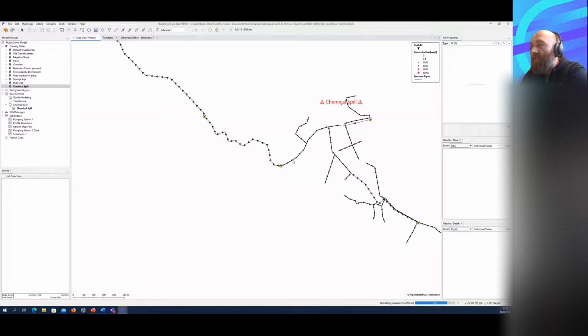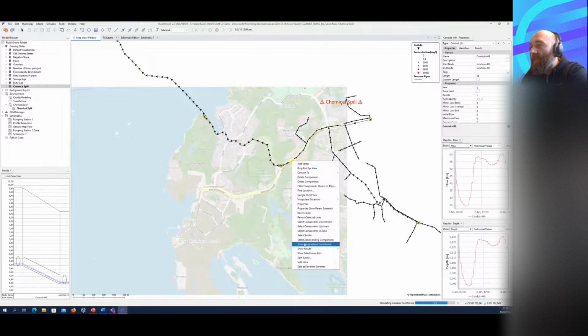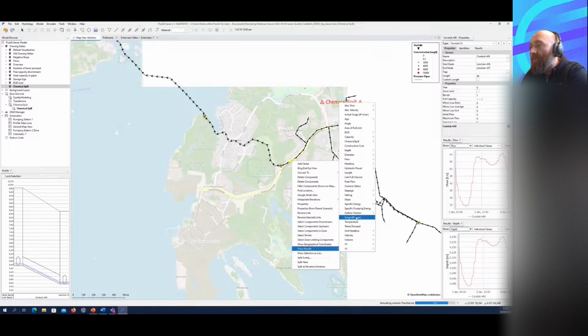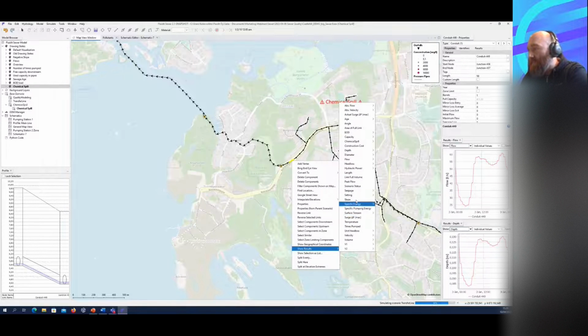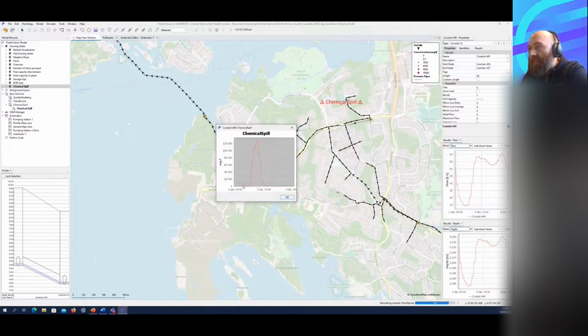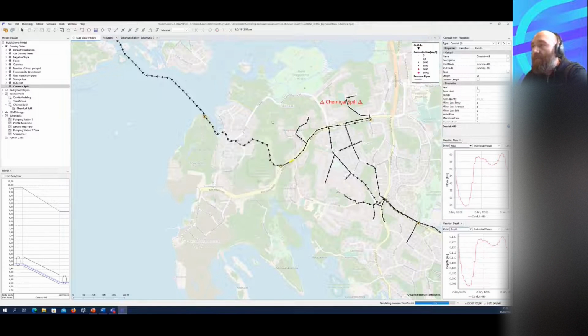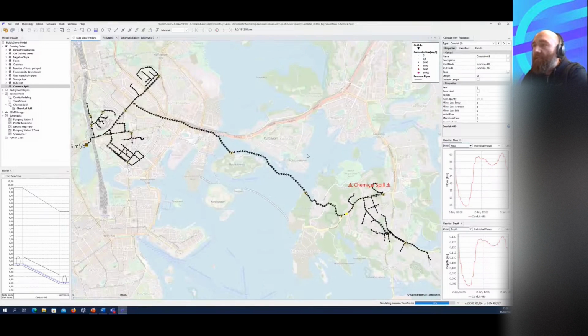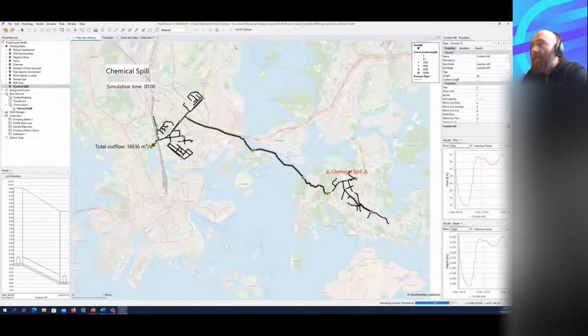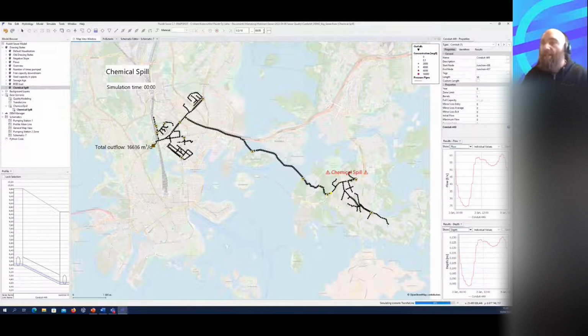So if I take some junction or pipeline here and show the result of chemical spill, I can see that it loosely correlates to that. But the idea of this simulation was that I would show how the spill advances in the network.